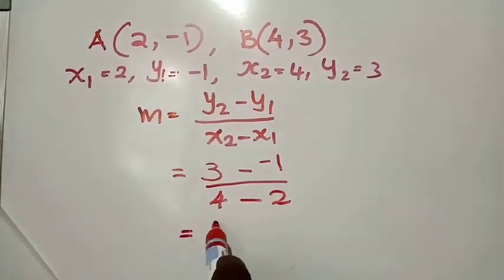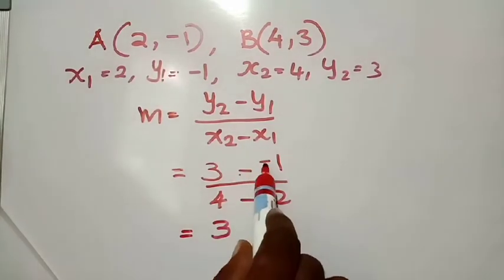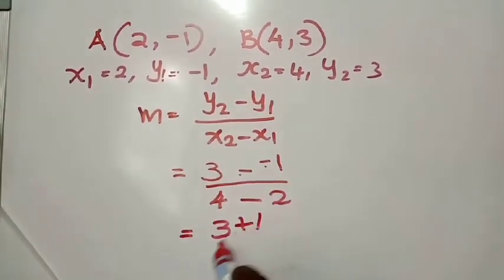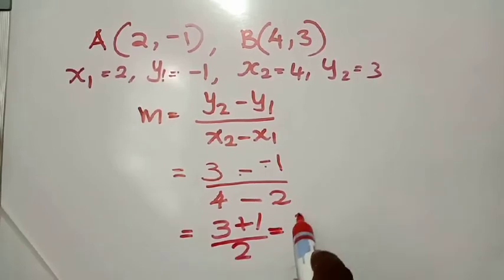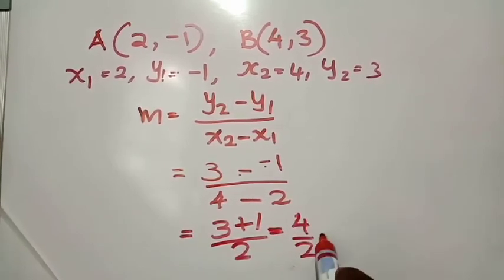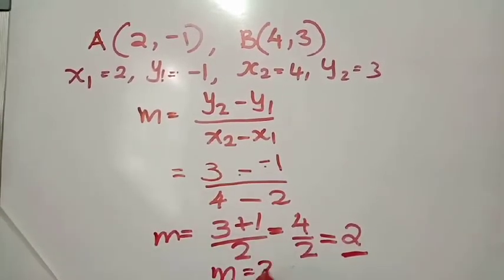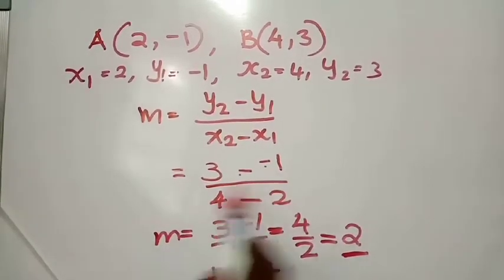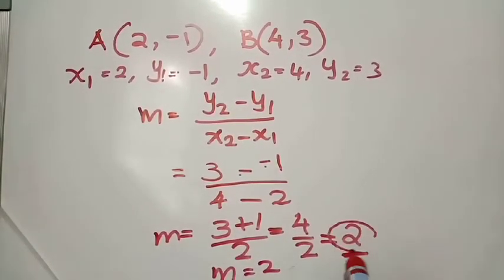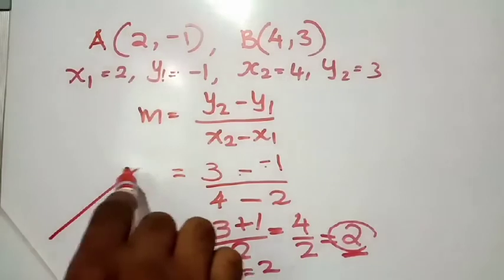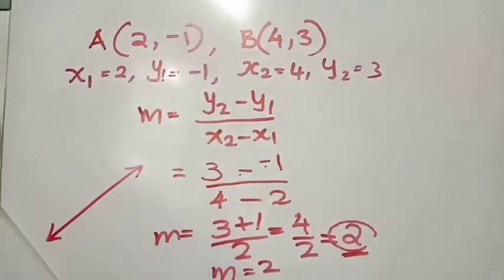That's equal to 3 minus of minus is plus 1, by 4 minus 2 is 2. So we get it as 4 by 2, which is equal to 2. So the gradient is 2. As the gradient is positive, you can decide the line moves like this.